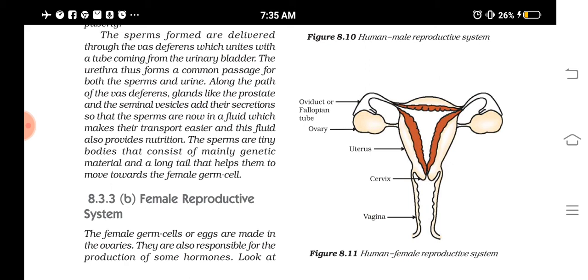The excretory waste materials produced in the baby should be expelled out, isn't it? And that also takes place through the mother's body.